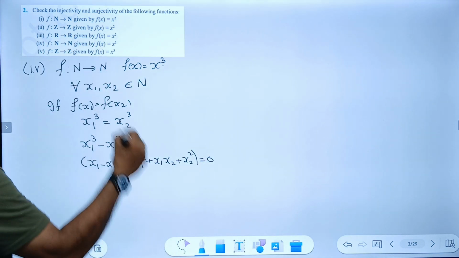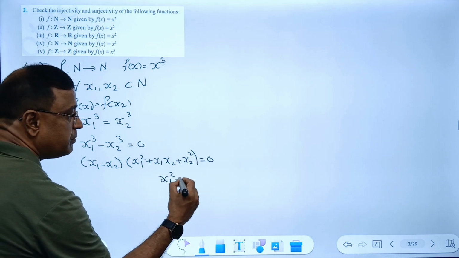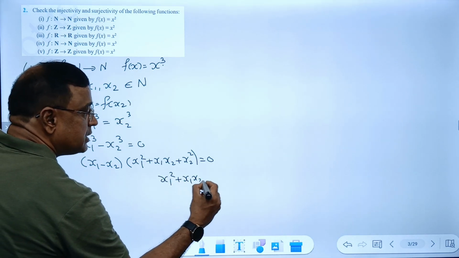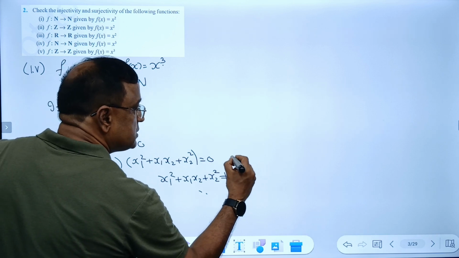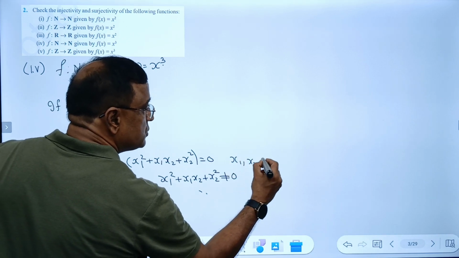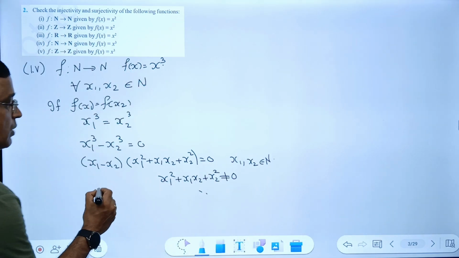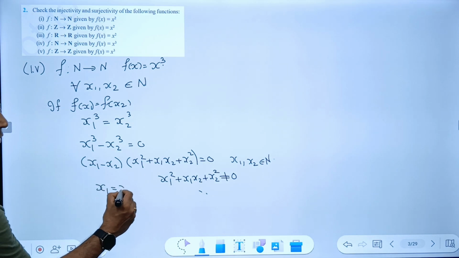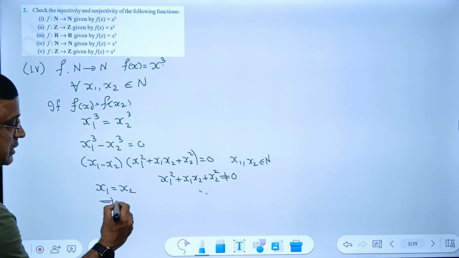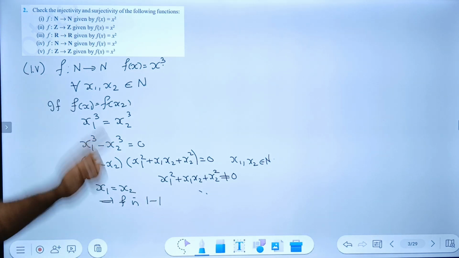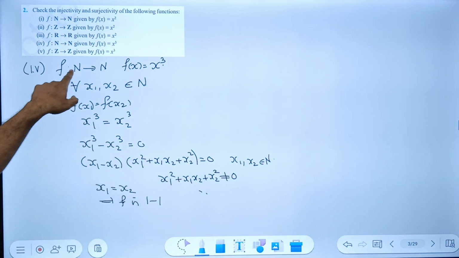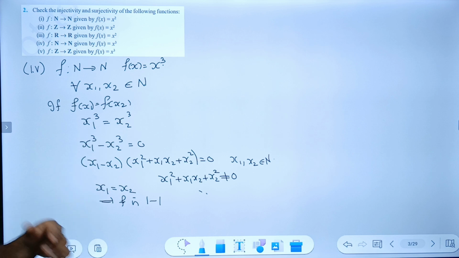Since they are natural numbers, definitely x1 square plus x1 x2 plus x2 square will not be 0, because x1 and x2 belong to natural numbers. So the only option is x1 equal to x2. This implies f is 1 to 1. See, f of x is equal to x cube from natural numbers to natural numbers, f is 1 to 1.